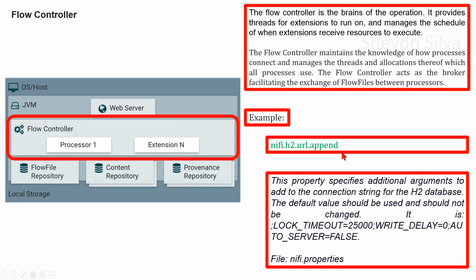This property specifies additional arguments to add to the connection string for the H2 database. The default value should be used and should not be changed. It is lock_timeout=25000 and write_delay=0 and auto_server=false.